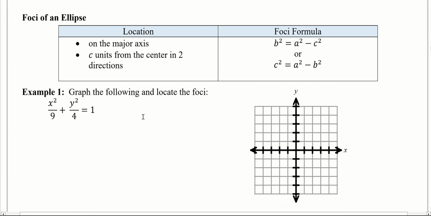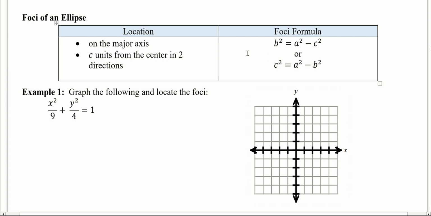The foci, how do you find those points? It's always going to be on the major axis, and it'll be a C distance away from the center, going both directions from the center. Here's how you solve it. It's either B squared is equal to A squared minus C squared, or C squared is equal to A squared minus B squared.